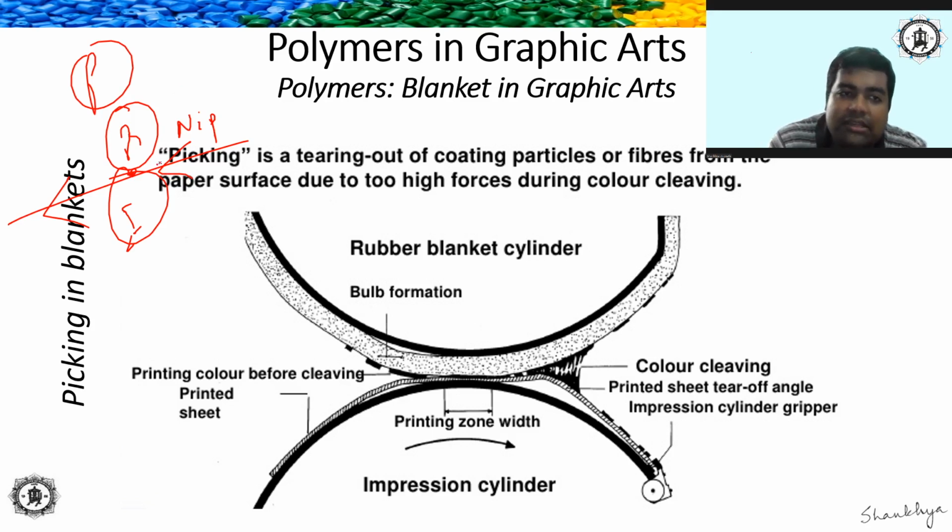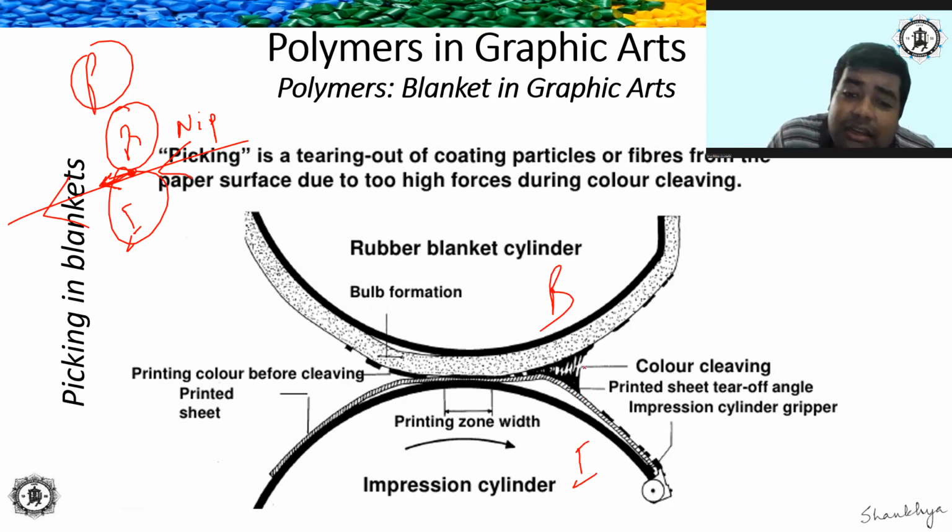Now, after the printing is done, when the paper is coming away from the nip, if the blanket has this tendency to form a bulb-like structure, it is not easily releasing. So this is your impression cylinder, this is your blanket, and this is the paper.